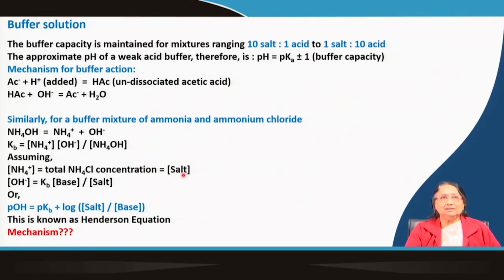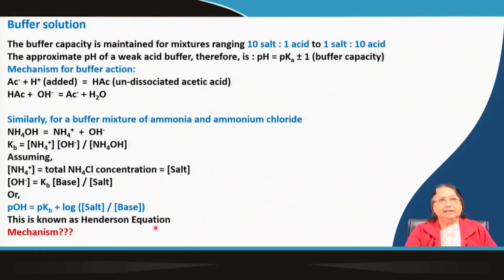So, it is the salt concentration, and for OH minus concentration we apply a similar, not the same, equation that we applied for an acid. In this case it comes in terms of Kb, and in terms of pOH, pOH equals pKb plus log salt by base.